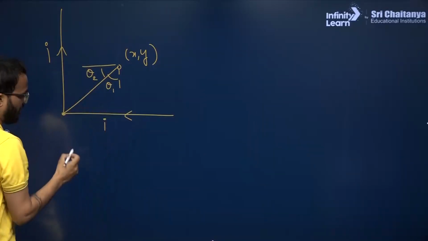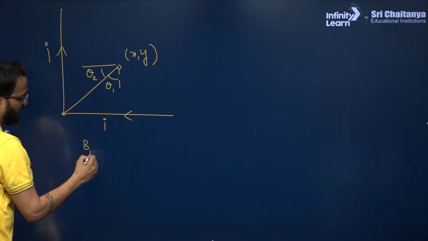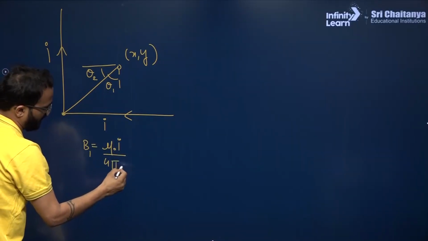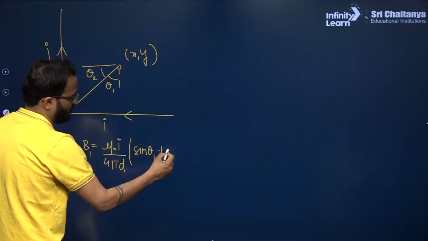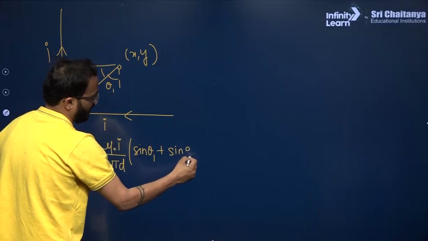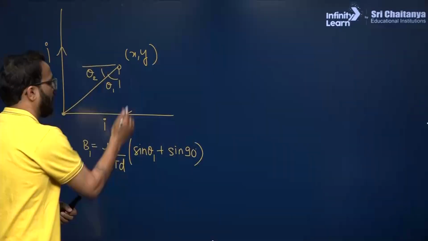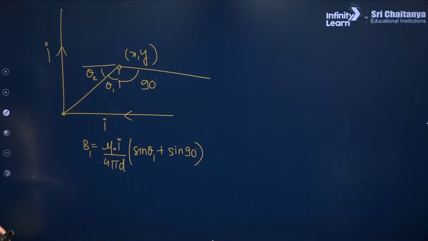So for this wire, we will say the magnetic field here will be B1, mu naught I by 4 pi d into sine of theta 1 plus sine of 90, because the other end is at infinite distance, so it will be almost 90 degrees. Got it? Yes or no?